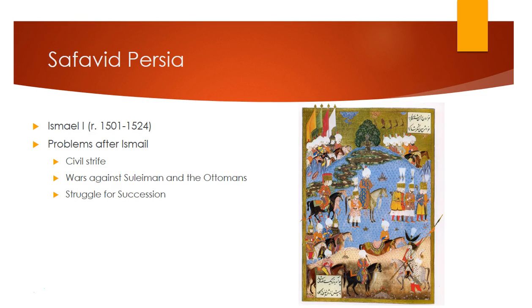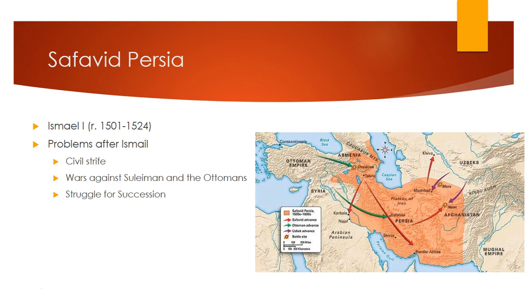And after Tahmasp, there was a struggle for succession between his sons. And all of this weakened Persia quite a bit, and weakened the Shah's position, which made him more reliant on the Qizilbash. And here you can see some of the invasions from the Uzbeks, from the Ottoman Empire there.